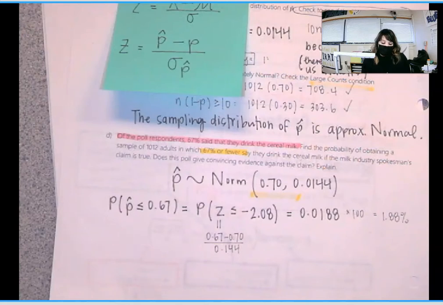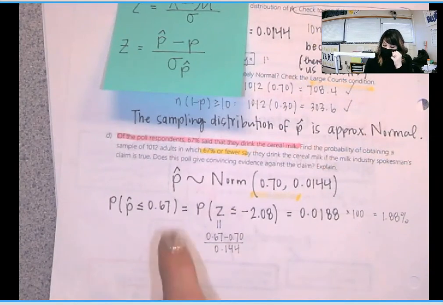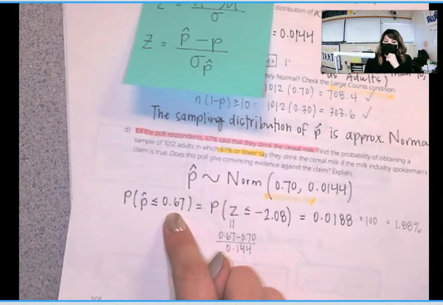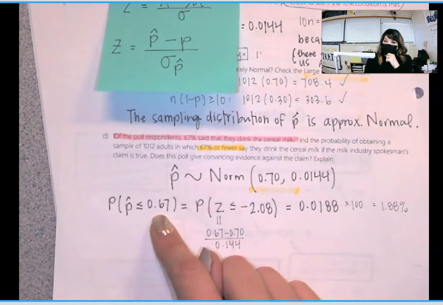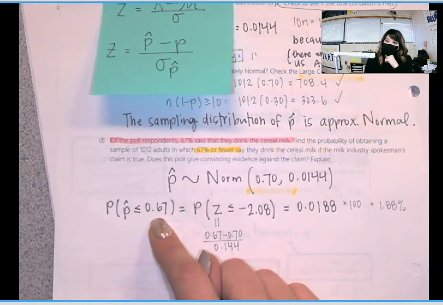And there was a cutoff for what would be convincing evidence, and that cutoff was 5%. So if the probability that we would get a sample this low is 5% or less, it is convincing evidence. If the probability is more than 5%, then it's fine. It in some cases is not likely, but it's possible.